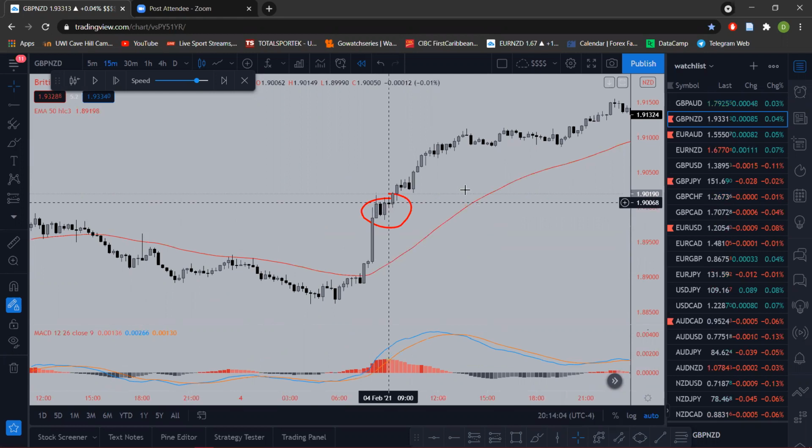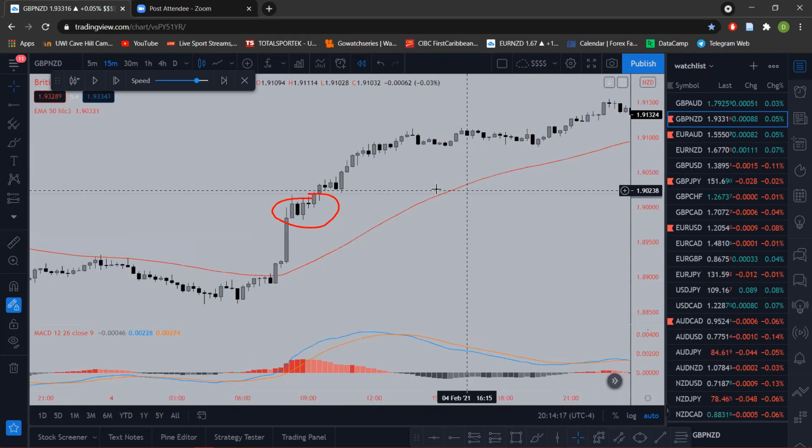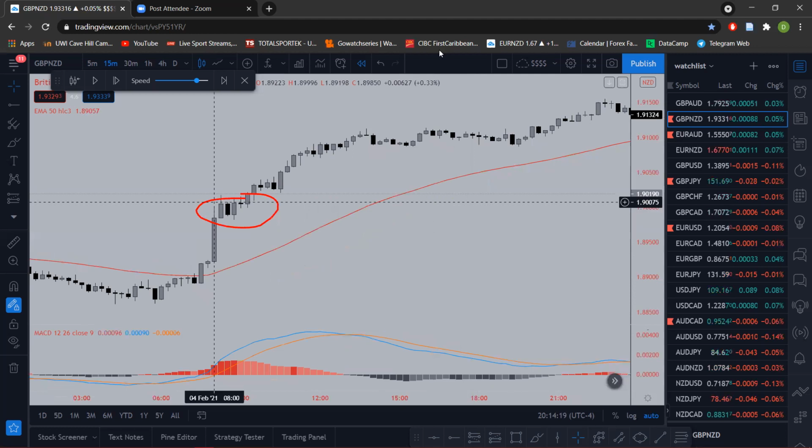So we want to see where the market accumulated buys from, the buy area. If you were looking for a sell, you would look for a bearish engulfing candle. You understand the theory?